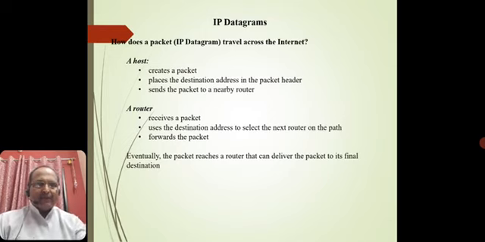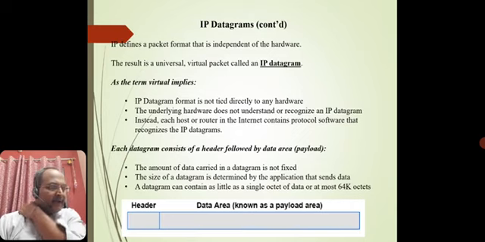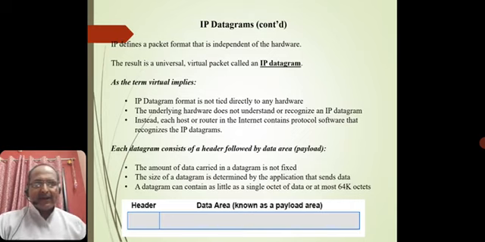Okay, and now one more important discussion: the IP datagram defines a packet format that is independent of hardware. Whether you use a Linux format for connecting servers, or Windows servers, or any kind of server addressing mechanism, it defines a packet format that is independent of your respective hardware.